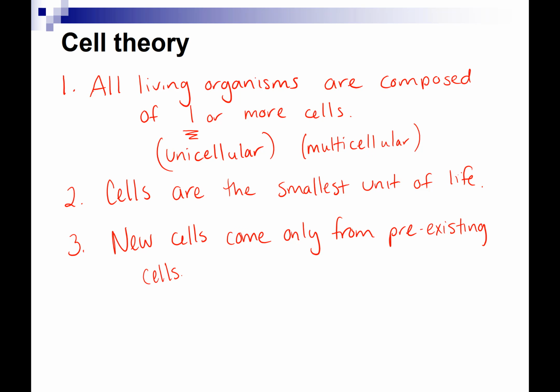It means you have to have started with a cell to get more cells. And they get there by cell division, which we will talk about later this semester. We'll talk about binary fission and mitosis and meiosis. This helped change people's minds about the idea of spontaneous generation.